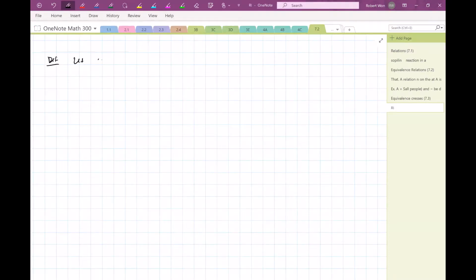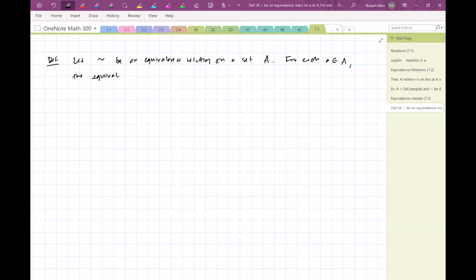So let tilde be an equivalence relation on a set A. Now for each element little a in A, the equivalence class of a is the subset of A. The equivalence class of a is written brackets a.